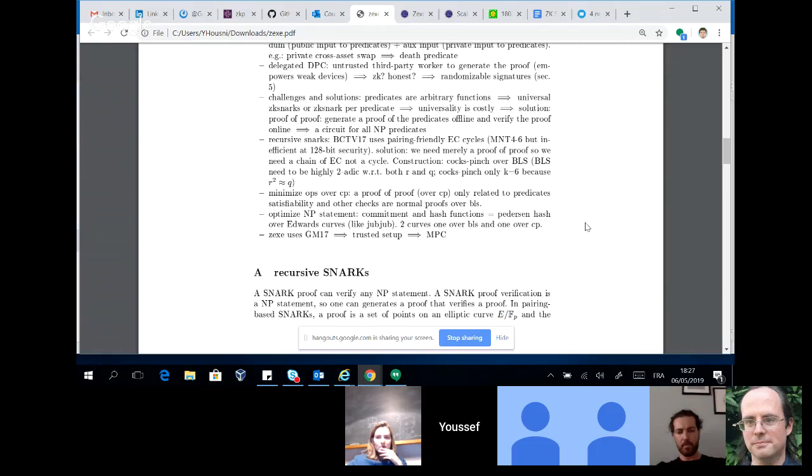And if we look at the literature of pairing-based elliptic curves, we know a method to construct elliptic curves that have precisely a subgroup of order r. So we fix the subgroup order. This construction is called Cocks-Pinch.